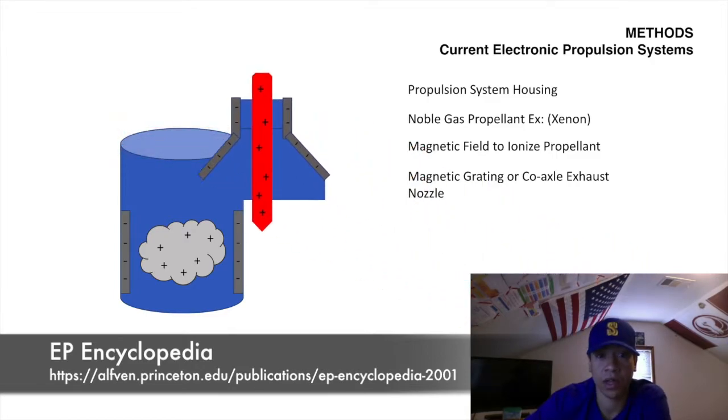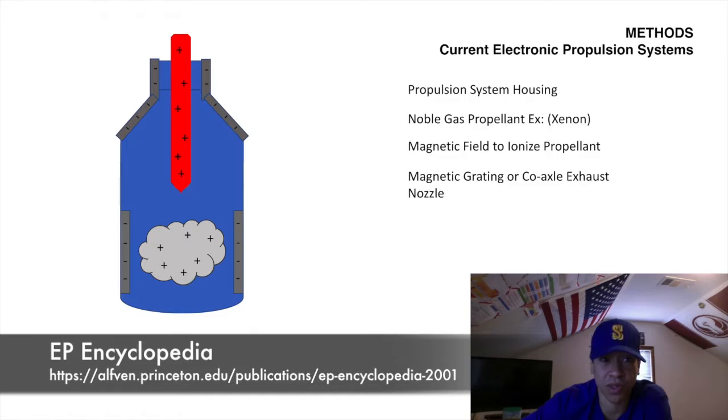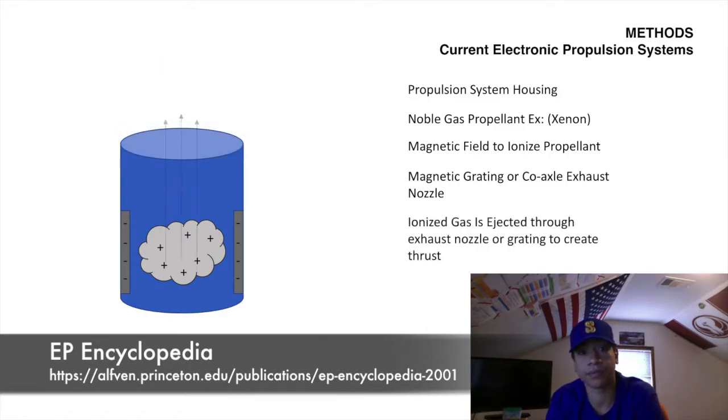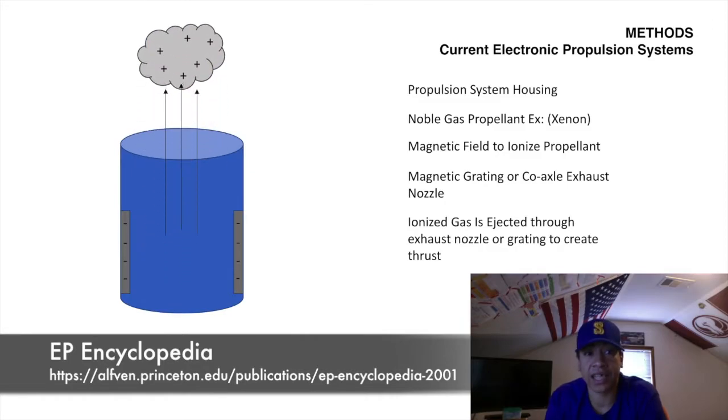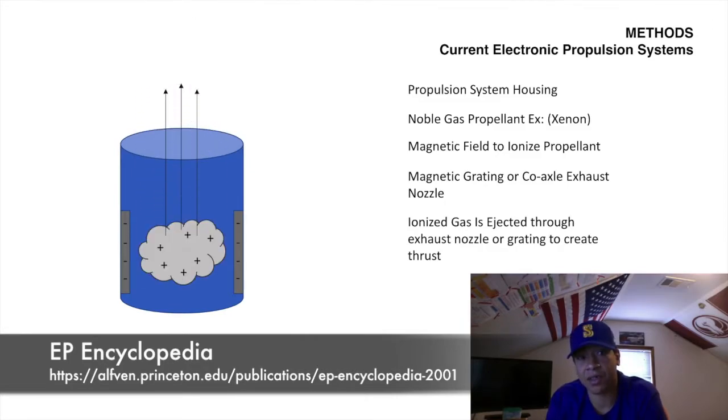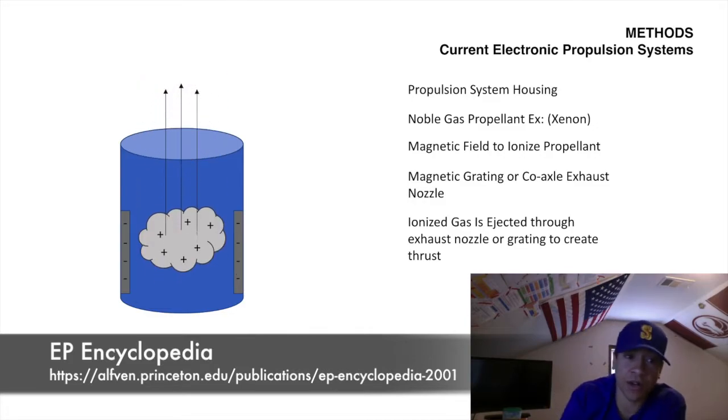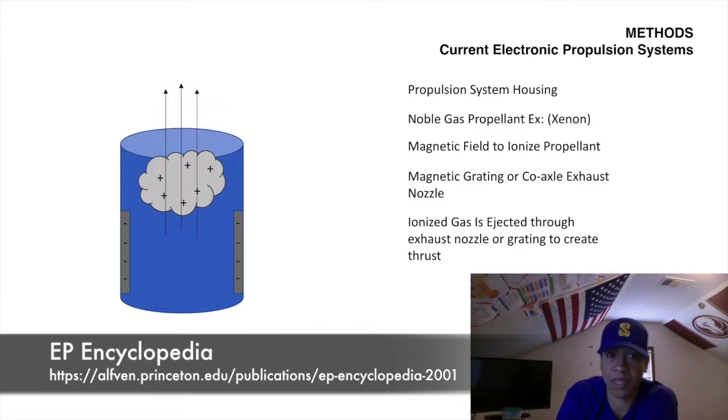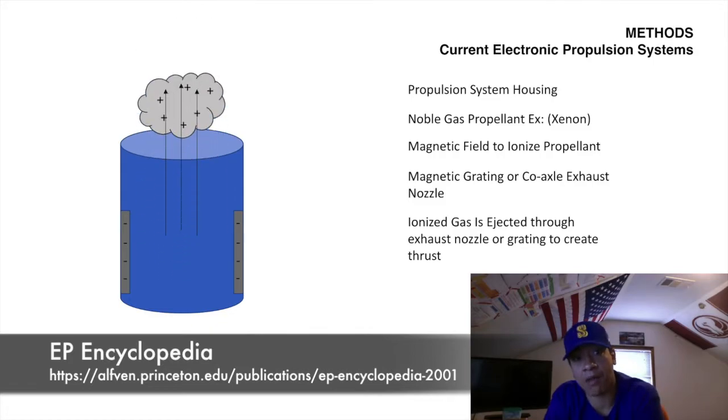Also, coaxial exhaust nozzles are used for the same reason, using Coulomb's force and Maxwell's corkscrew effect, which allow a rotational exhaust formation to come out and propel the ship. Like I said, the ionized gas through a grating or a nozzle mechanism is going to be exhausted and come out the other end.